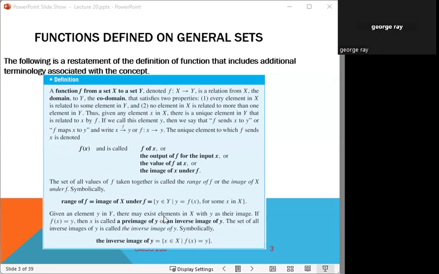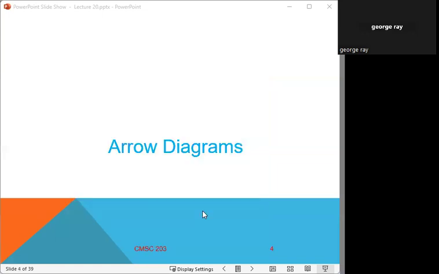There's also the idea of an inverse image of x, where we go from the codomain back to the domain. So in the function, we start with the codomain and see what it maps into in the domain. Arrow diagrams help us explain these concepts a little more clearly.